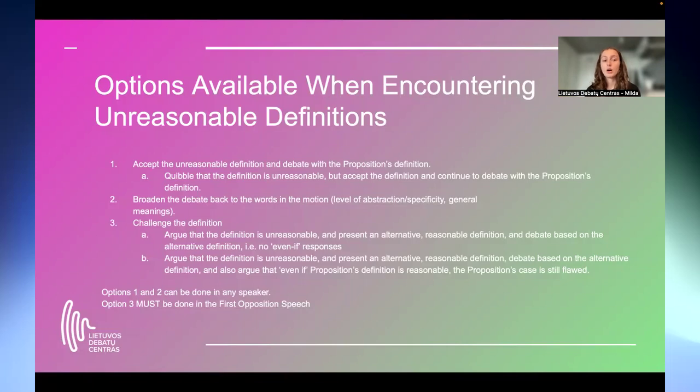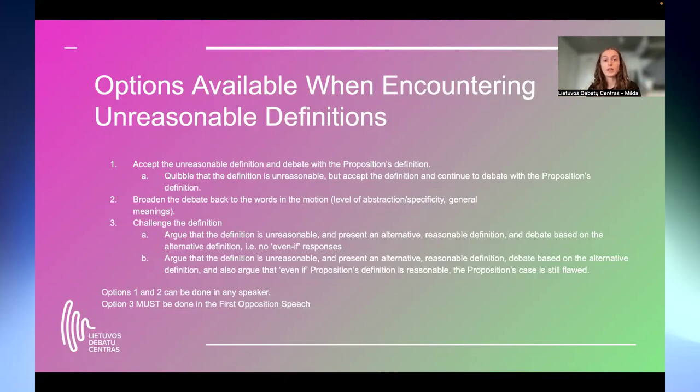Second of all, you can broaden the debate back to the words in the motion. So use your rebuttal skills, which we will learn about next week, to basically say that this is unreasonable. The spirit of the motion requires us to debate about general meanings. And then you can challenge the definition.